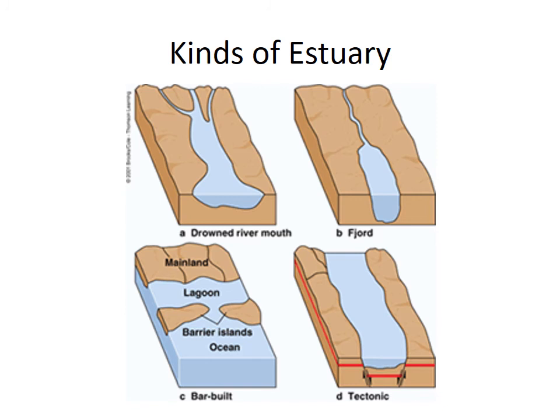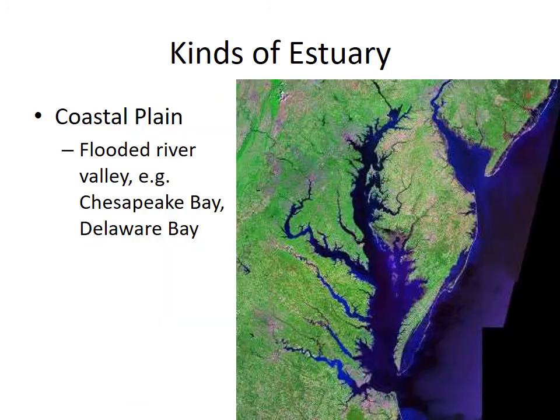So there's four classic categorizations: a drowned river mouth or drowned river valley estuary, a fjord estuary, which is a glacier valley that has filled up with ocean water, a bar-built estuary built by sandbars, and a tectonic estuary where rifts in the land along the coastline fill with water. So we'll give some examples of each of these kinds.